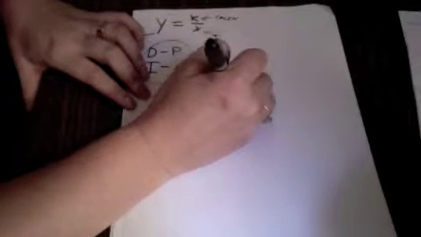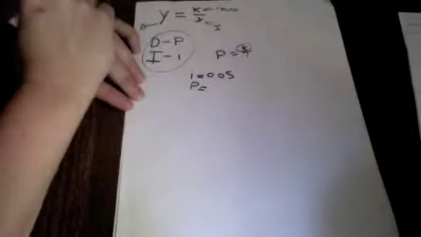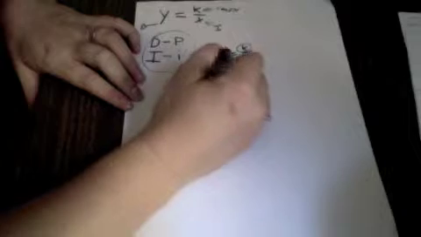So what we want to do now is we want to solve for that k. We have a bit of information. It says that when the interest rate equals 5%, and whenever we have a percent, we can express it as a decimal like that, the principal is 8,000.